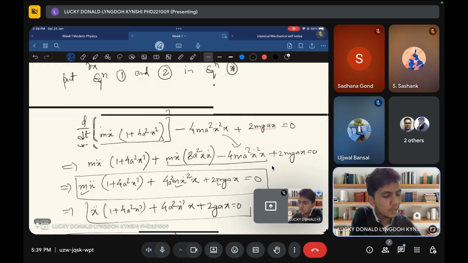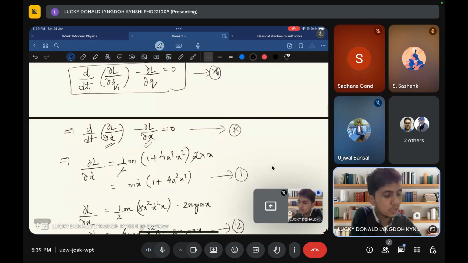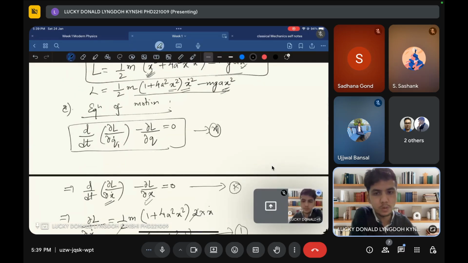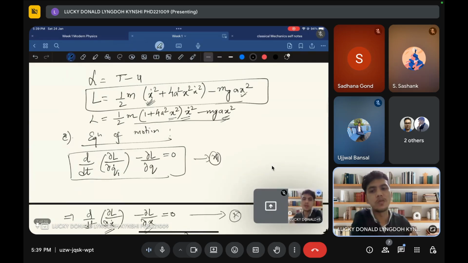So for a more complex problem like these, it's not easy to solve with F is equal to ma, but instead you can write in the form of a Lagrangian and you can easily solve the problems. Okay, that is one way. And I have also shown you how you get simply from mx double dot, which is the force, to the Lagrangian equation of motion.